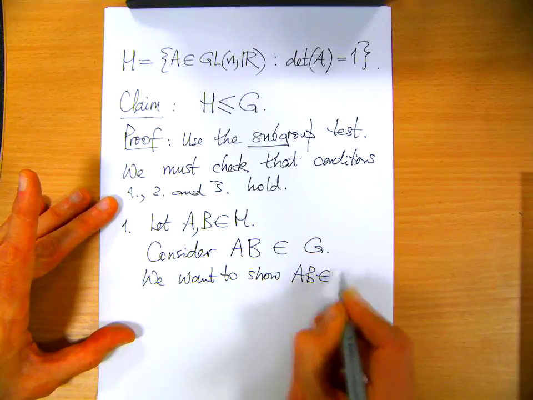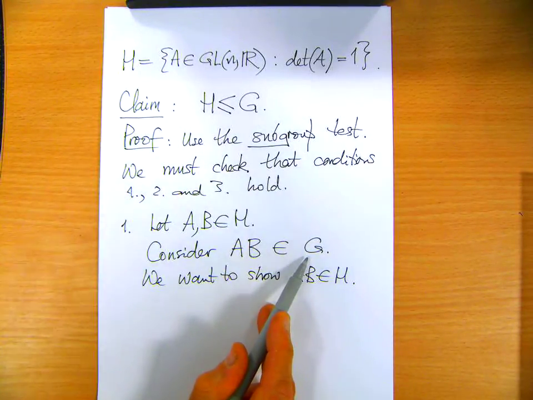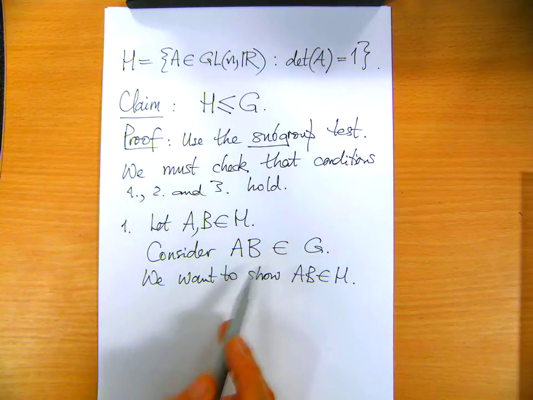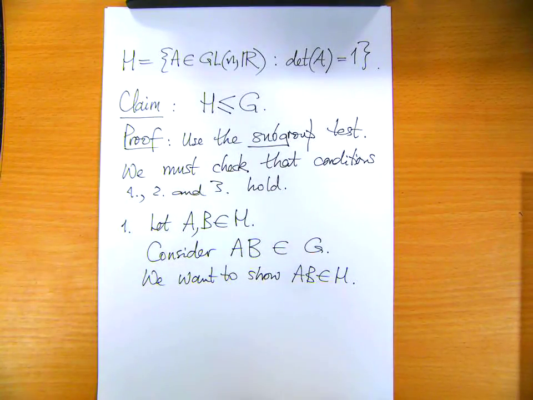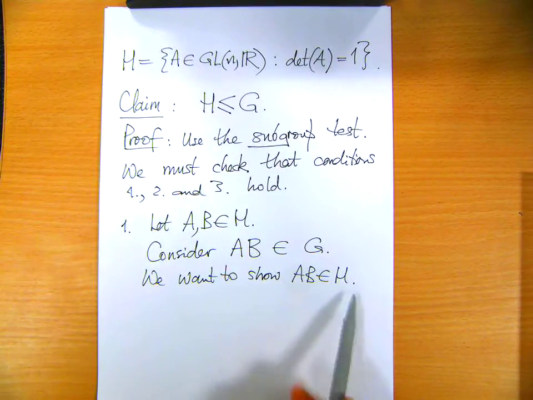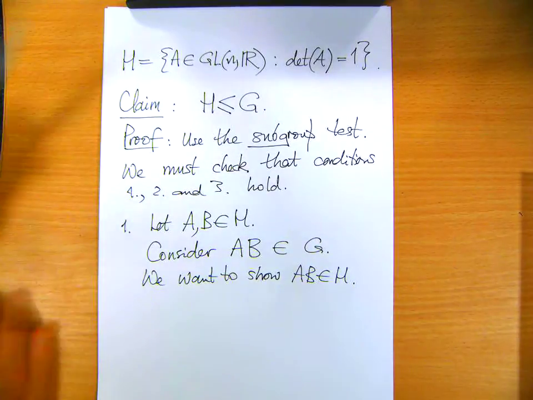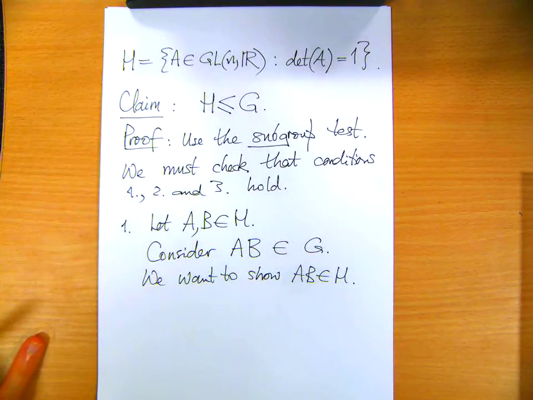So certainly this product is in big G, in the big group, because we had a group there to start with, with a binary operation. I actually want to show that AB stays in H. How do I check that AB is in H? Well, I've got to look at the definition of H. And H is all the matrices for which the determinant is 1.